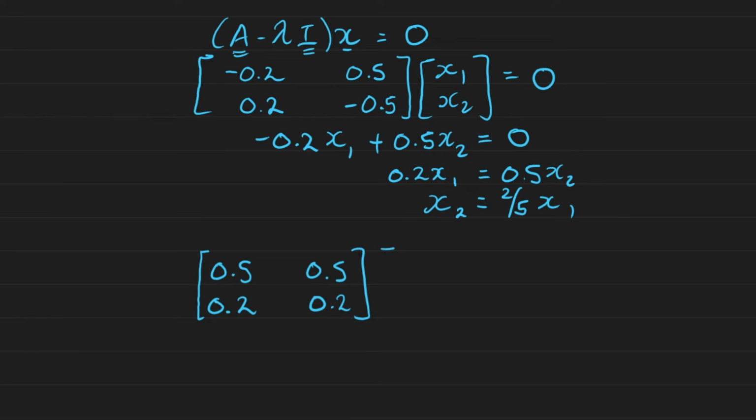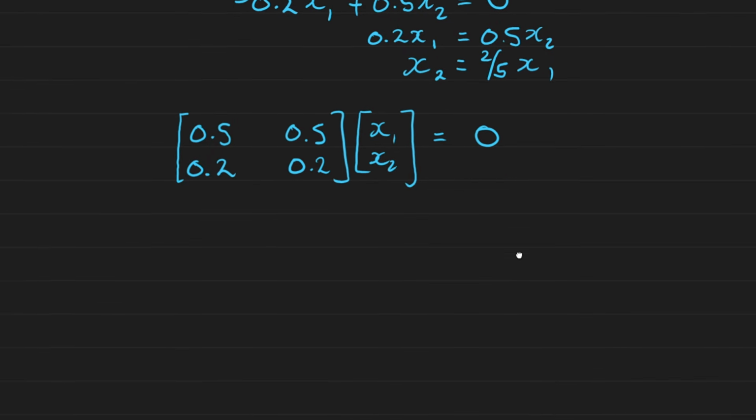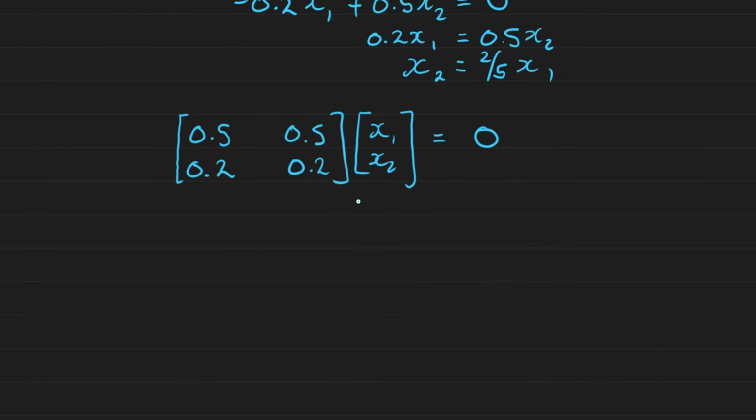This is multiplied by the eigenvector x1, x2, and is equal to 0. Again, row 1 and row 2 are virtually the same. So that means x2 is equal to minus x1. Again, we can choose any value of x1 and do the same for x2.